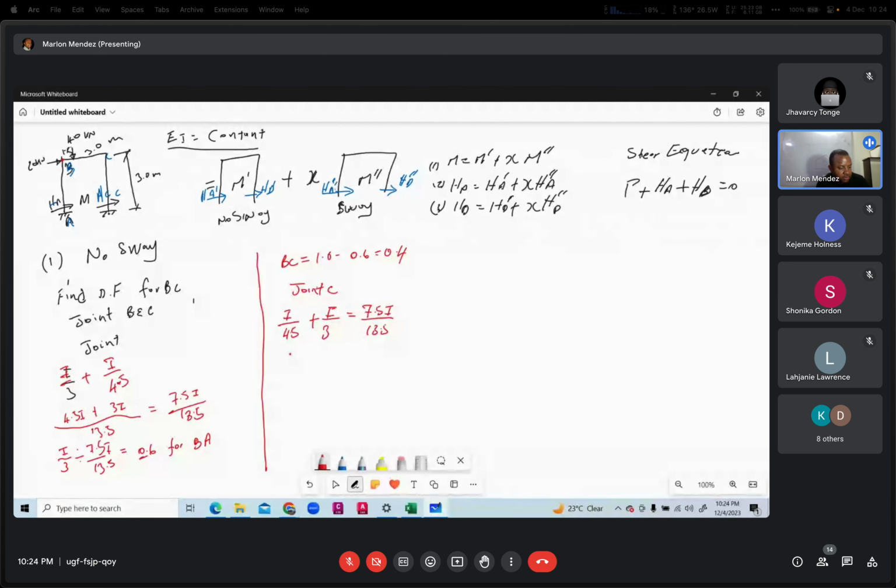This is supposed to be CB, because I'm moving from C to B. So member CB stiffness is I over 4.5, all divided by the summation of the two members affecting that joint.